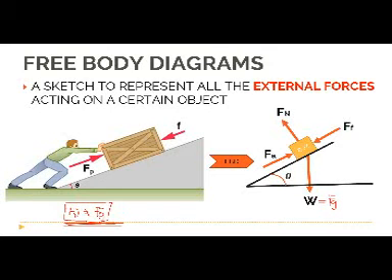As I mentioned earlier, the normal force is only equal to the force due to gravity if they are directly opposite to each other. In this case, the force due to gravity is not directly opposite to the normal force.